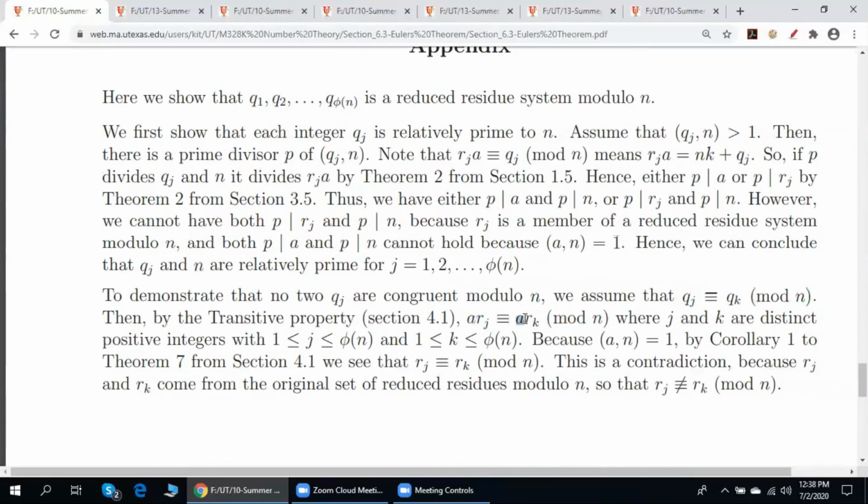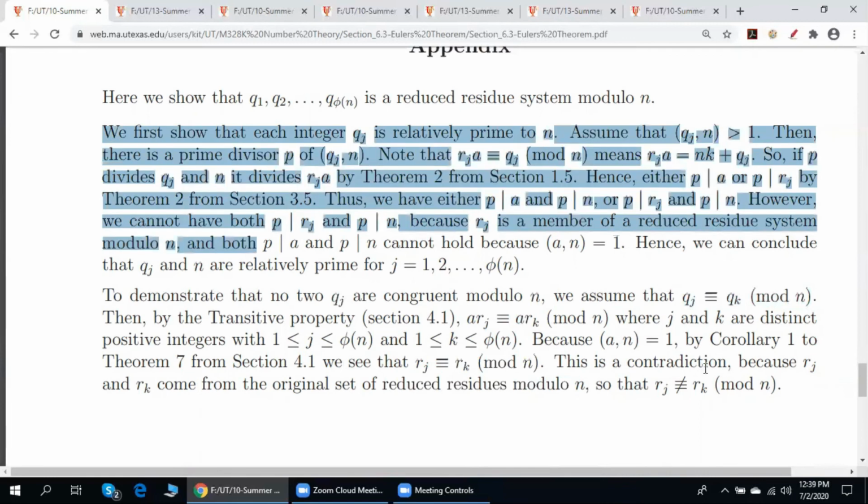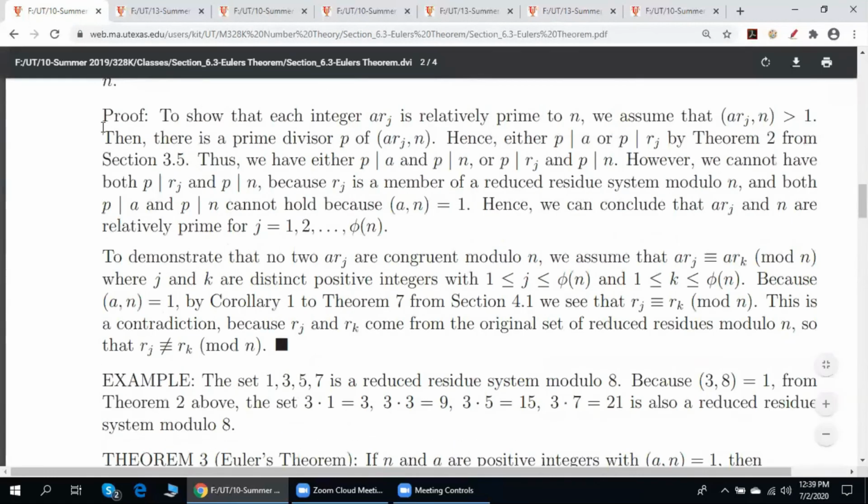But remember, n and A are relatively prime. Therefore, A can be cancelled out, and we have Rj is congruent to Rk. Cannot be. These R's form a reduced residue system modulo n. They have to be incongruent. So we assumed this, we got a contradiction, therefore this is not the case. So this proof is very similar to this one.